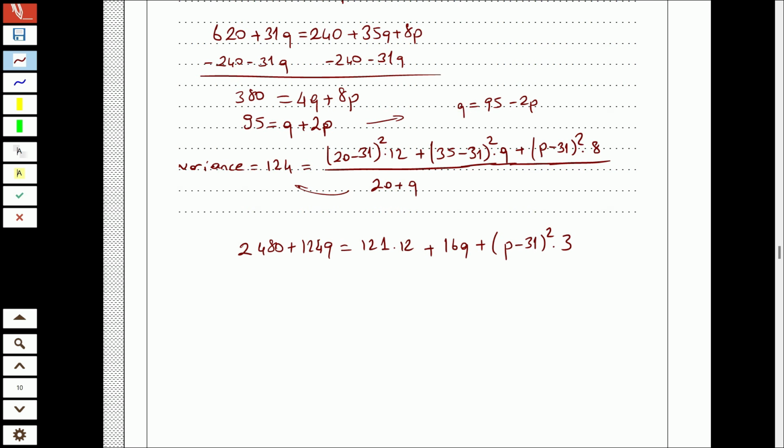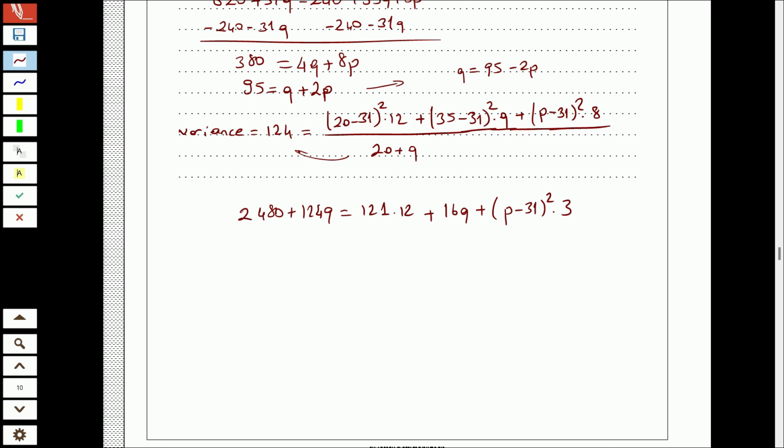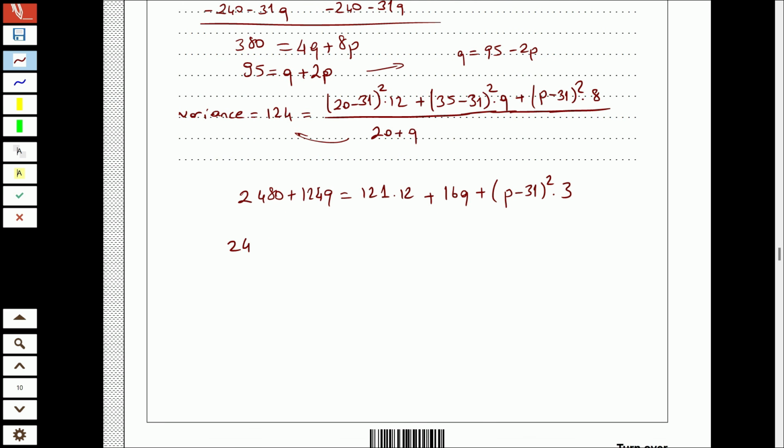So I'm going to replace q with this expression: 2480 plus 124 times, instead of q, this expression 95 minus 2p. We will use the TI to do that. I'm replacing again. From here we can find p.